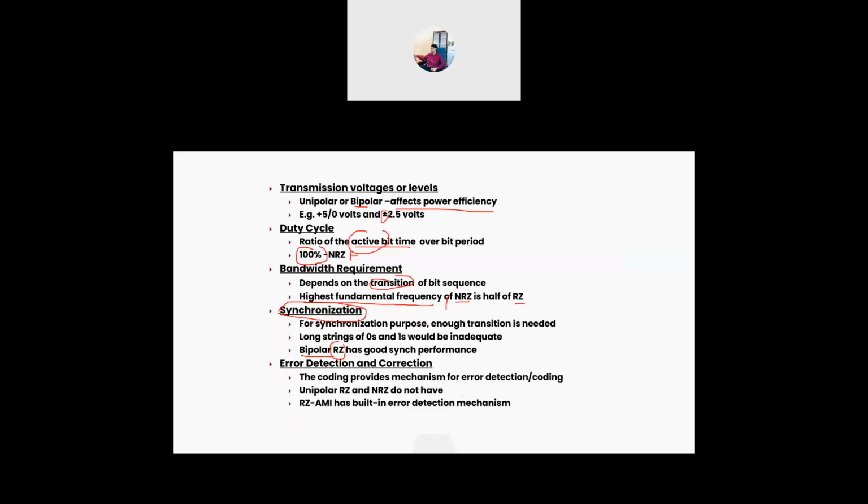Unipolar RZ and NRZ do not have these capabilities. RZ-AMI, return to zero AMI, which we will learn later, has a built-in error detection mechanism.